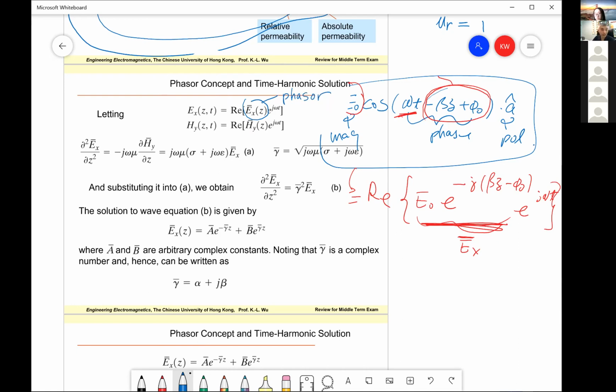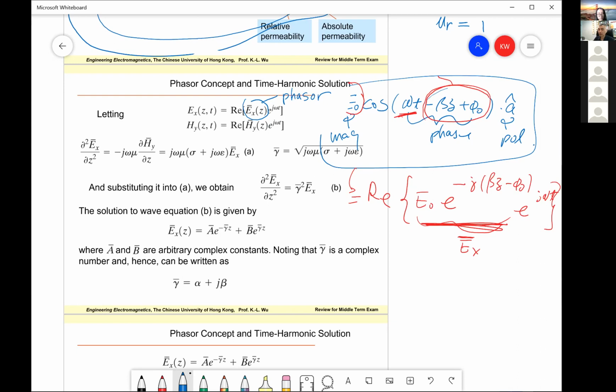Phasor is not a phase, okay? Phase is always real. Phasor is a complex number. But a complex number has a phase, so they are very tangled together.